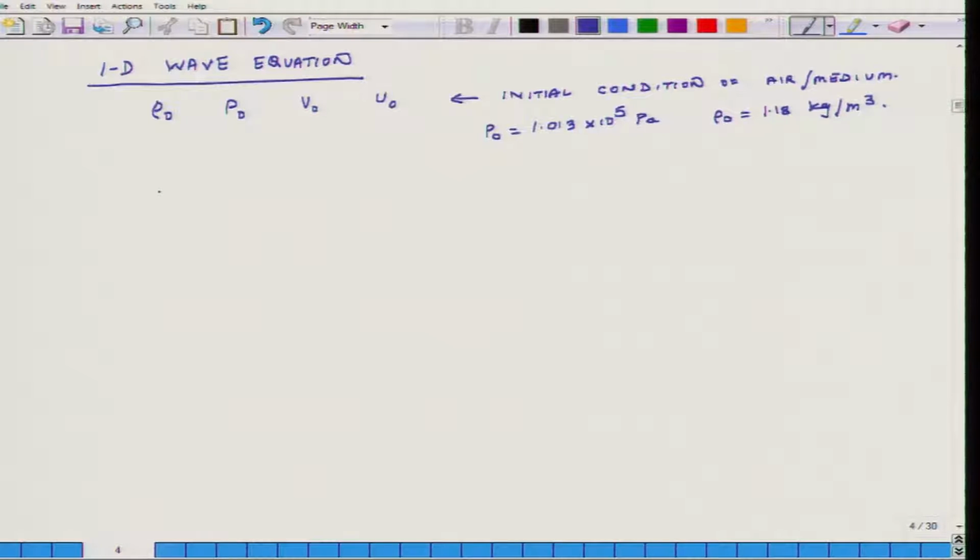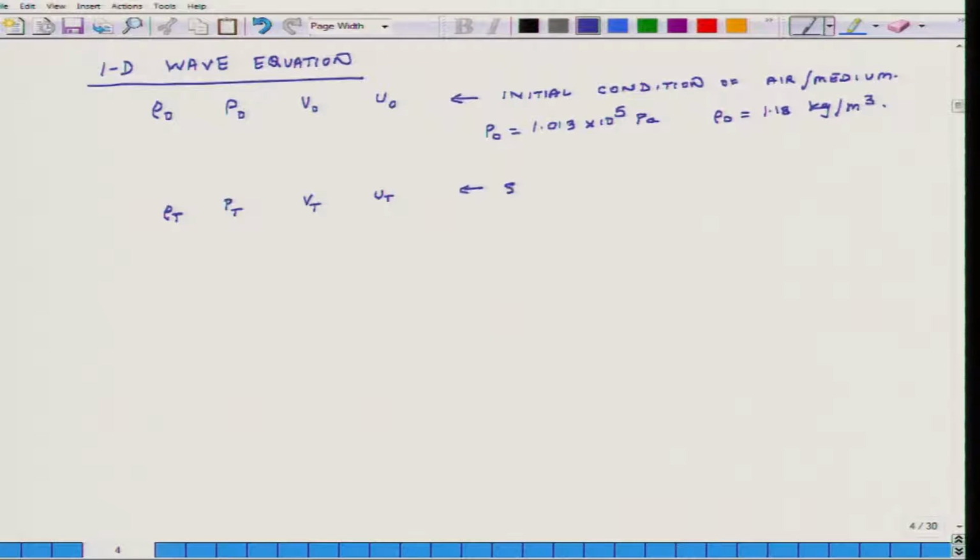So, this is the initial condition, and then at time t the density may be rho t, the pressure in the room may shift from P naught to P t, and this P t will change from one point to another. The volume of air may also change, as the air may expand or contract, so it may be V t, and the velocity may also change. Initially it was U naught, so it may change.